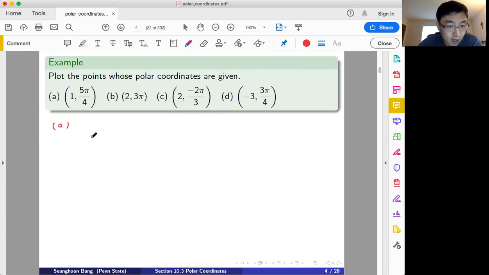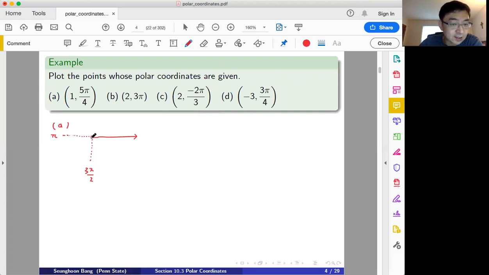We have the pole and the polar axis given. You only write the angle 5 pi over 4. So what's 5 pi over 4? Here is pi, and this angle is exactly 3 pi over 2. What's 4 pi over 4?